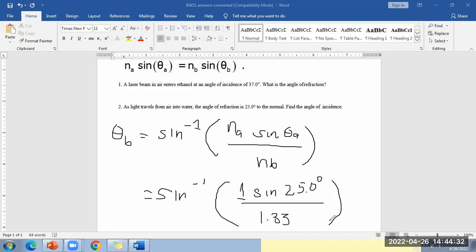So, the answer is 18.5. Okay? Dapat wag kakalimutan lagi sa calculator, yung 25.0 may degree na kasama yan. Laging may kasama siyang degree.